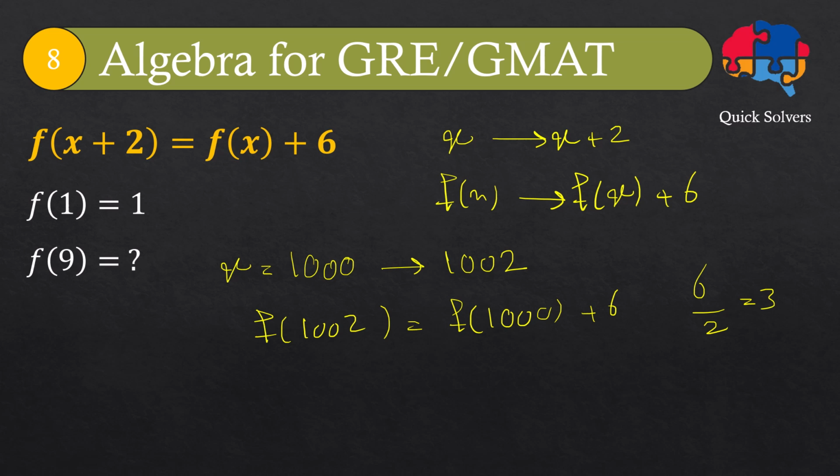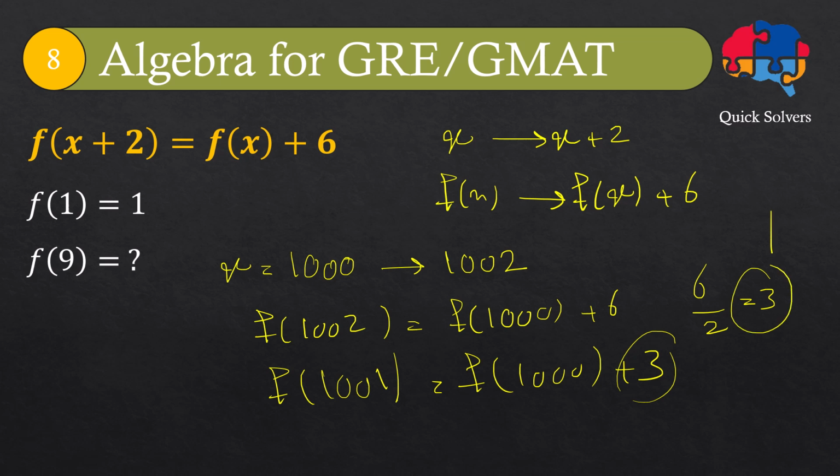That means if I increase x from 1000 to 1001, the output of the function will increase by 3. And this 3 is called the slope of the function. The slope of this function is 3.